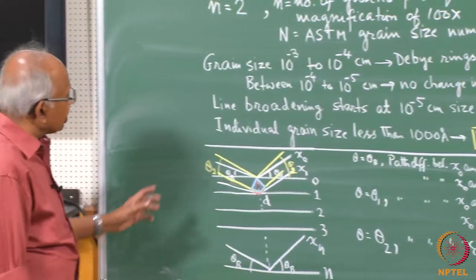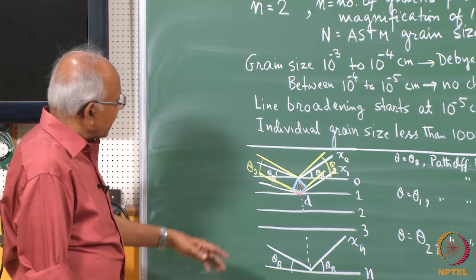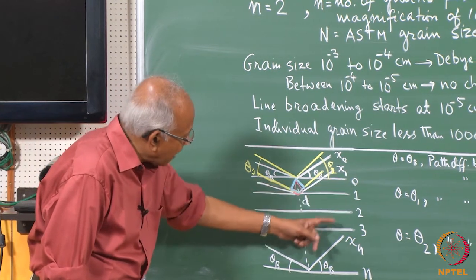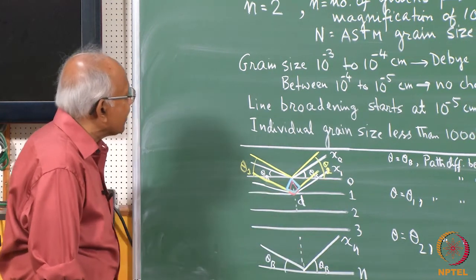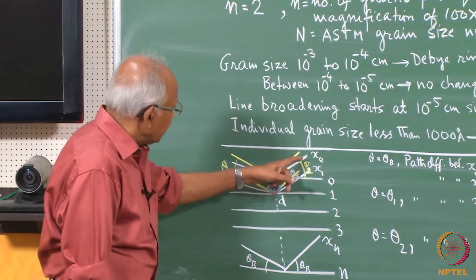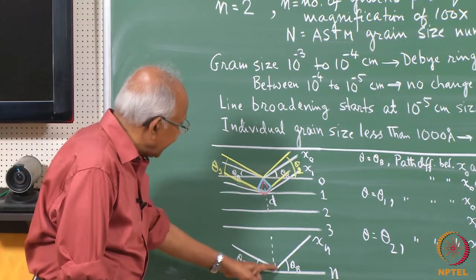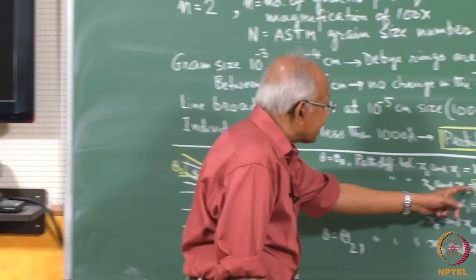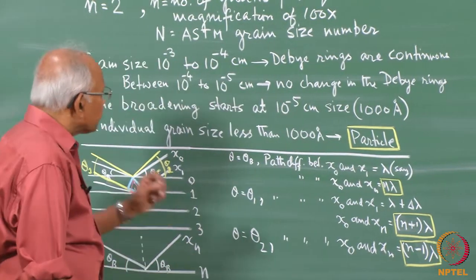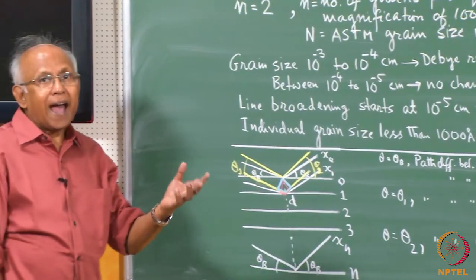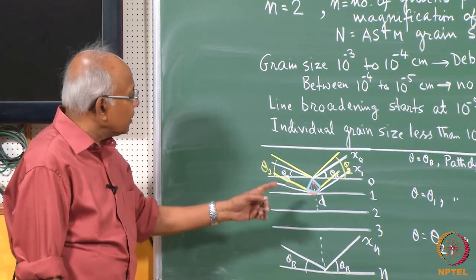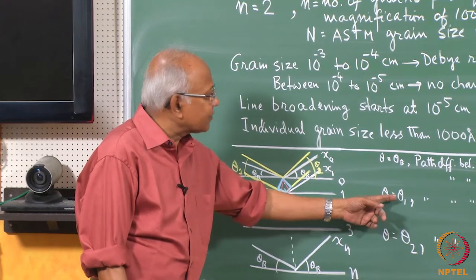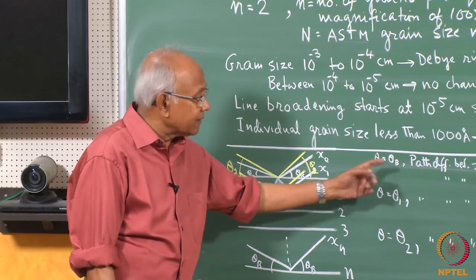Now, if we consider a crystal containing a series of these planes right from plane 0 up to say plane n, then what will happen? What will be the path difference between the rays x0 and xn when Bragg's law is perfectly satisfied? It will be n times lambda. Now, suppose we increase the angle of incidence of the X rays to a value theta 1. So, theta 1 is slightly larger than theta b.